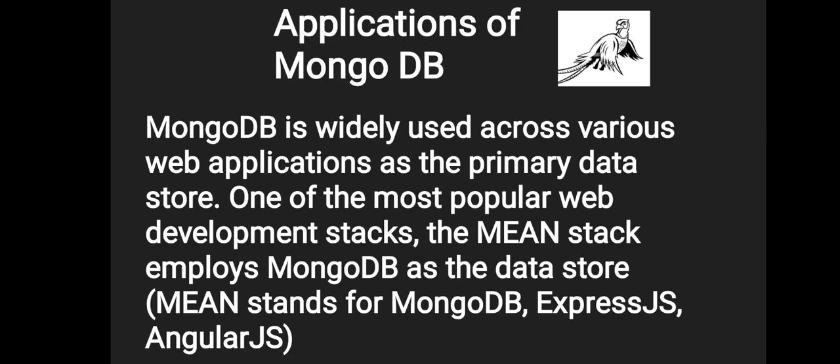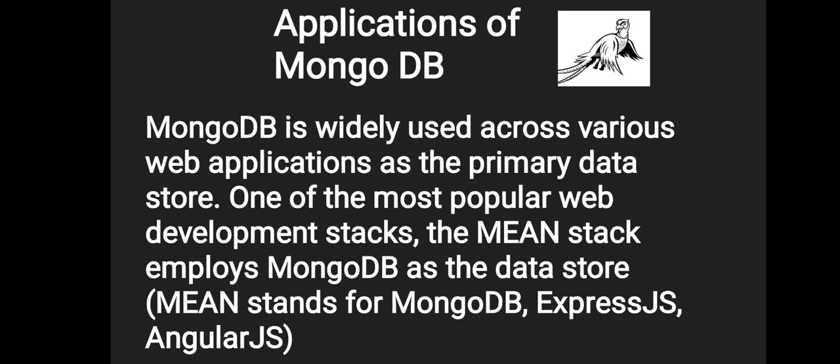Let's go to the next slide. Applications of MongoDB. MongoDB, which means Mongo database, is widely used across various web applications as the primary data store. One of the most popular web development stacks, the MEAN stack, employs MongoDB as the data store. MEAN stands for MongoDB, Express.js, AngularJS, and Node.js.